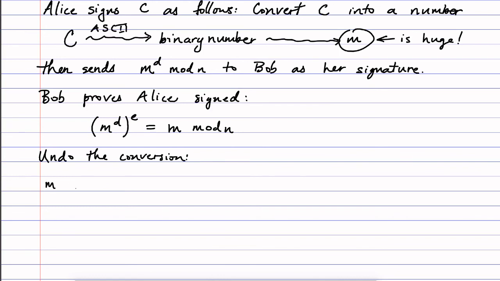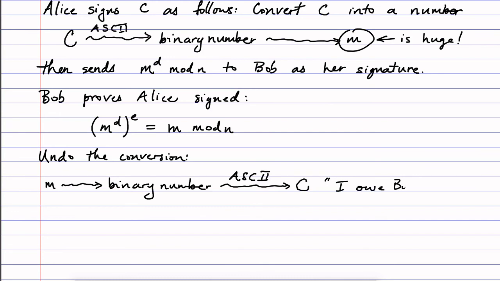He would take M and he would turn it into a binary number, and then he would interpret it as ASCII, and then he would get the original contract C, which says I owe Bob $100.